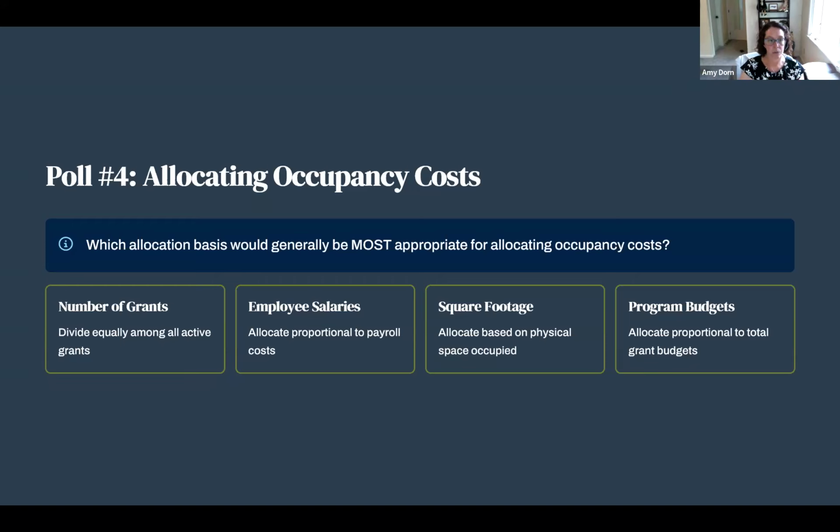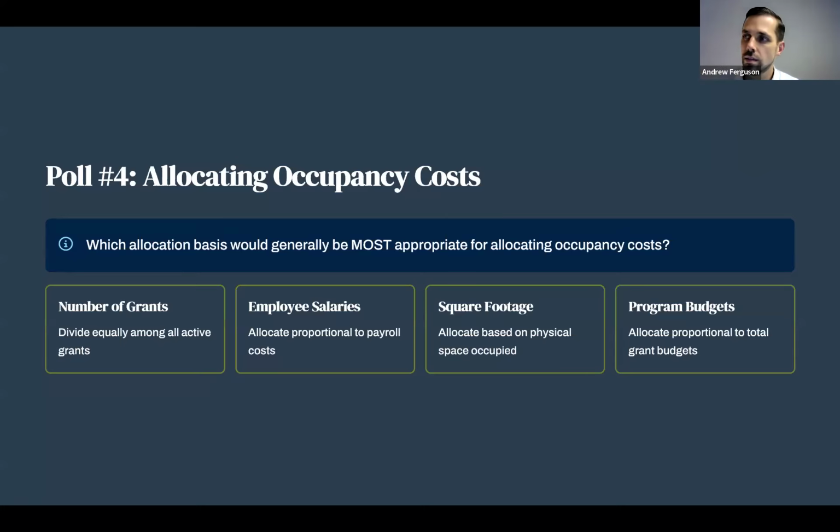So as monitors, you have to hear their explanation of the methodology that they've chosen, and you evaluate whether or not they are still using a reasonable method, even though it may not be the most common one that's used. Because some of it is based on the needs of their agency.